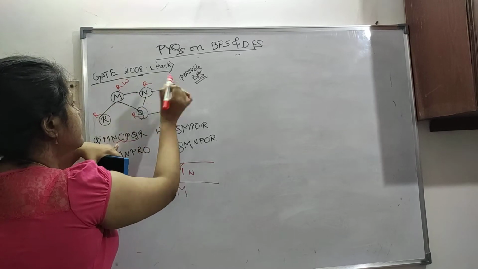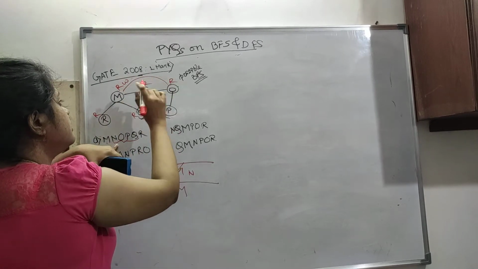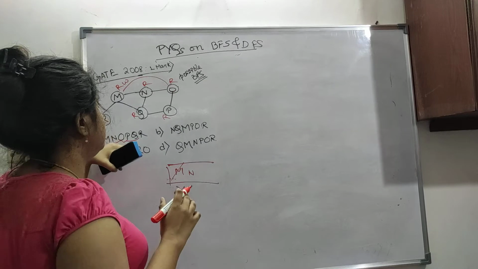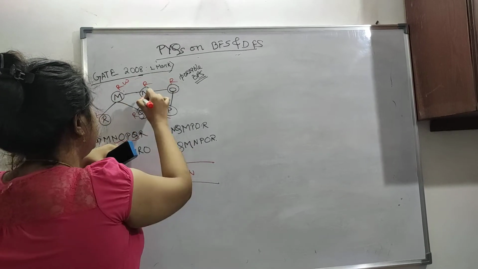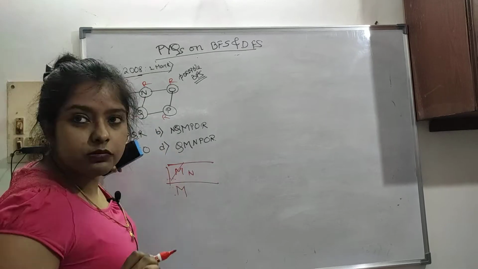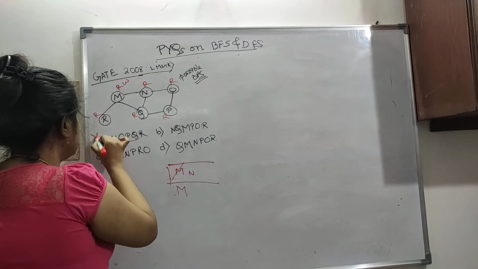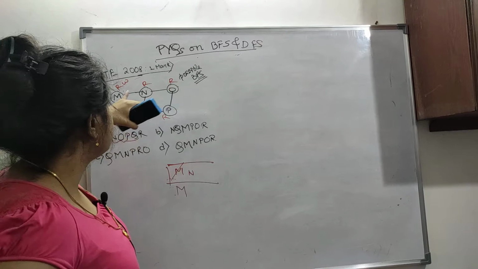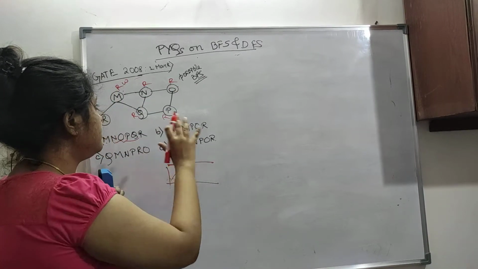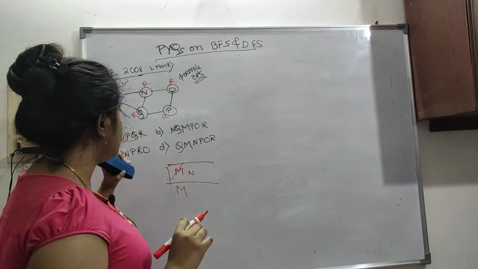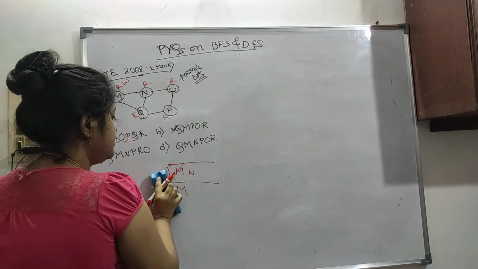O is not adjacent to n. It would have been possible if there were an edge, but there is not. So O cannot come after m. Only n, q, r can be possible. So this is wrong. O is not adjacent to m, since our algorithm says only the adjacent vertices will be put into Q, but O is not.